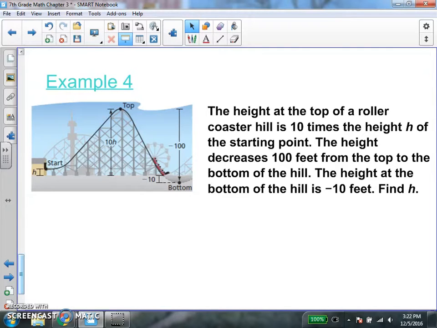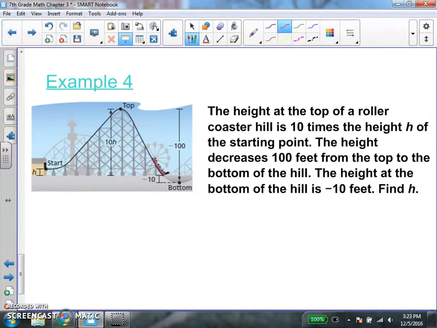The height at the bottom of the hill is negative 10 feet. Find h. Okay, so if you couldn't quite tell yet from this problem, it's probably going to be helpful for you to write an equation that will help us solve this problem.